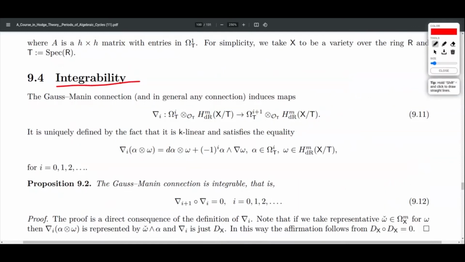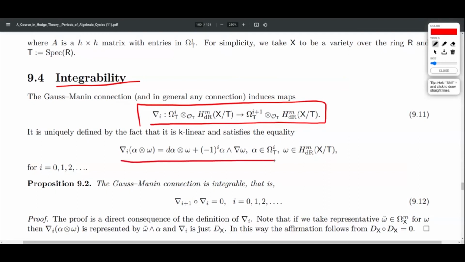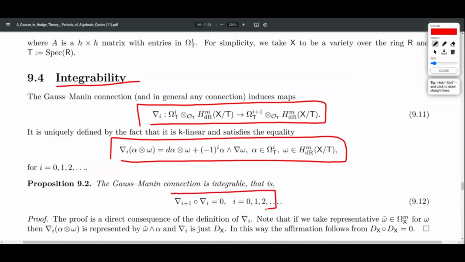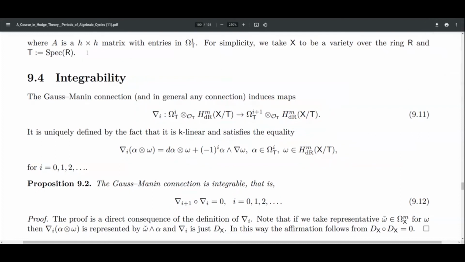Any connection will induce this kind of maps, which are defined by this, and the composition of two consecutive such maps is 0. This is called the integrability condition.